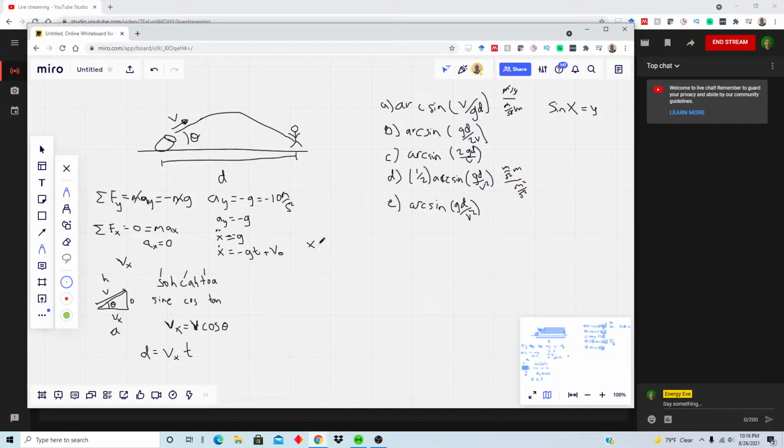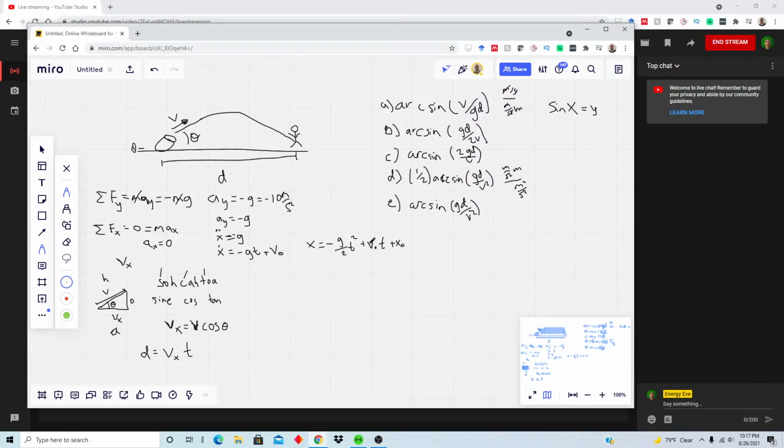We get this kinematic equation: minus g over 2 times t squared plus initial velocity times t plus the initial position. The initial position we're just going to set at 0. So this should probably be y, if we're just talking about going up and down. It's going to be 0.